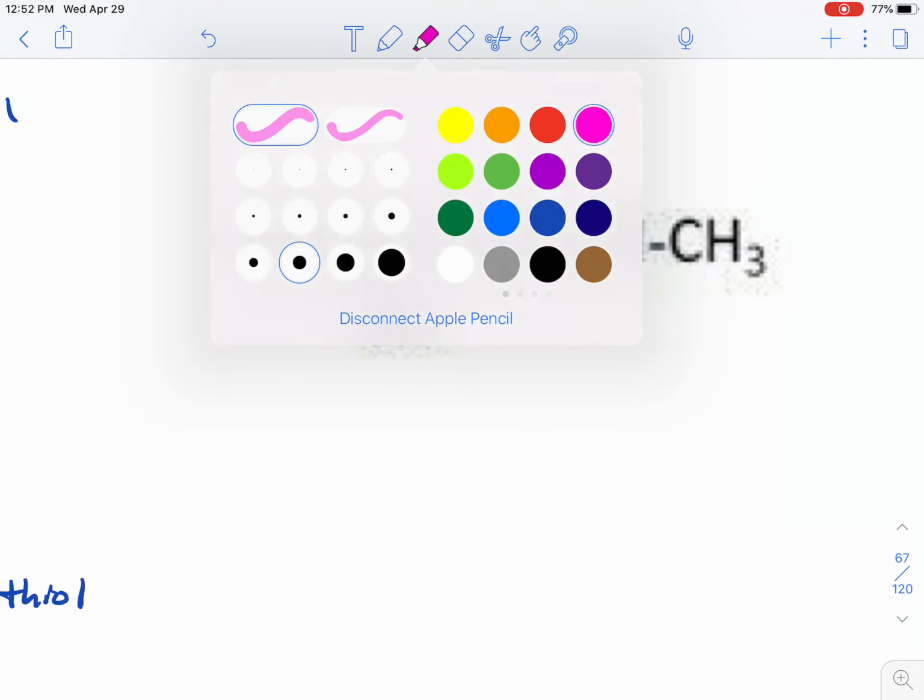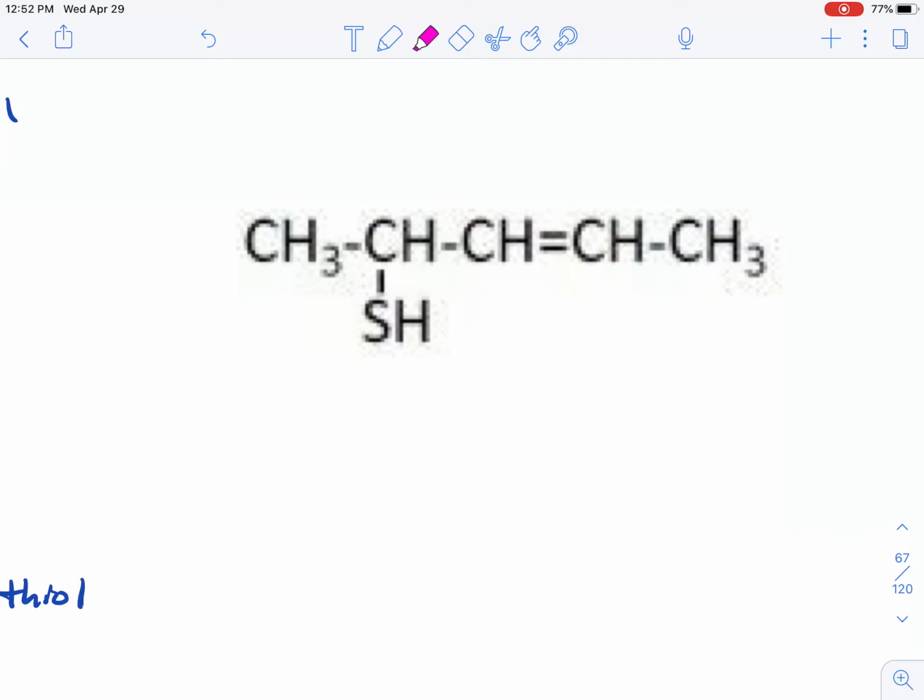So once again, we're going to go ahead and count the number of carbons, 1, 2, 3, 4, 5. So that's the longest carbon chain. And so if we have a 5 carbon chain, and it's not cyclic, it's acyclic. So therefore, we're just going to simply say pentane.